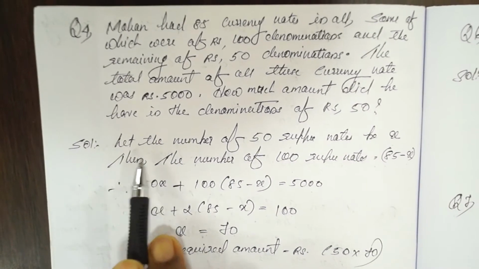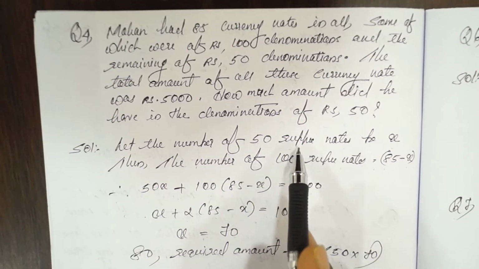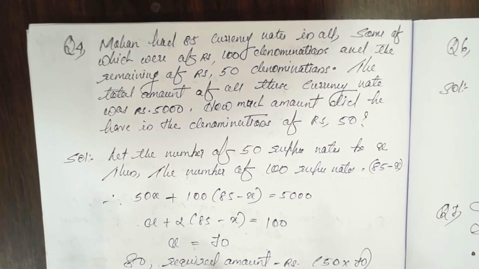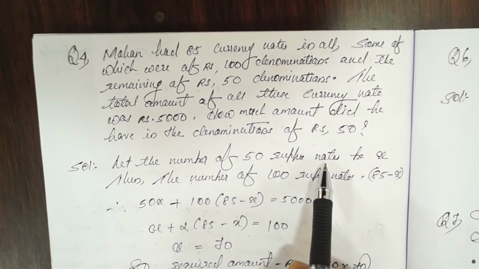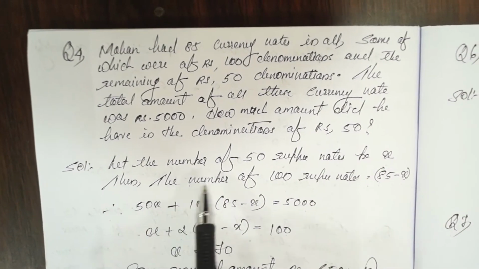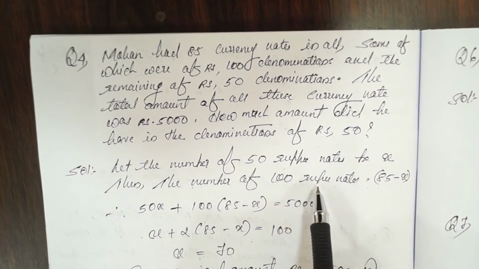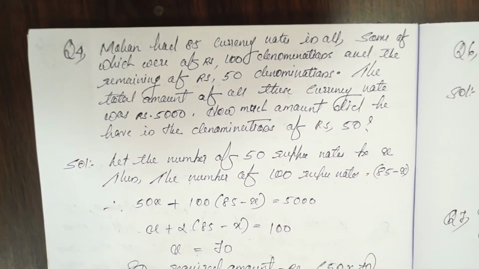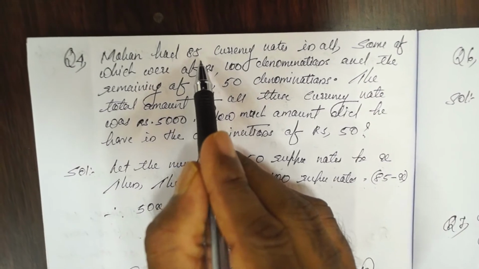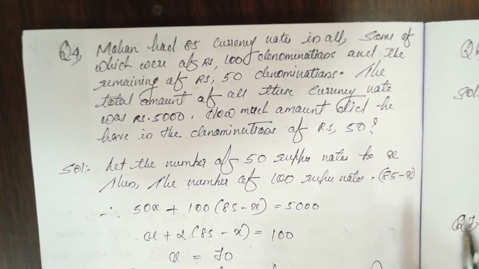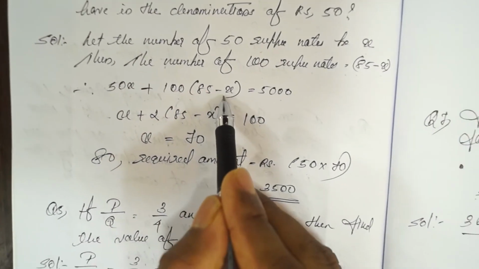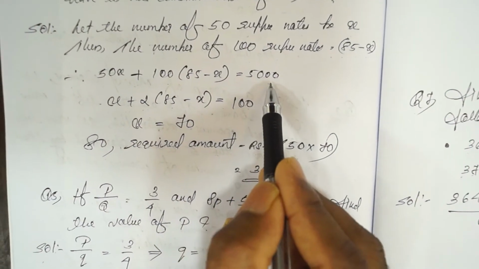So let the number of 50 rupee notes be x, because we have to find the 50 rupee notes. Then the number of 100 rupee notes is equal to 85 minus x, because in total we have 85 notes. So 50x plus 100 into 85 minus x is equal to 5000.